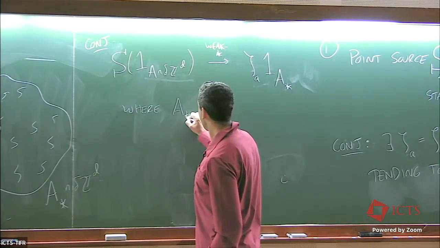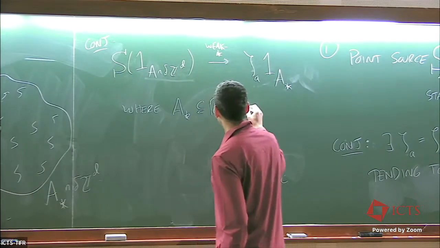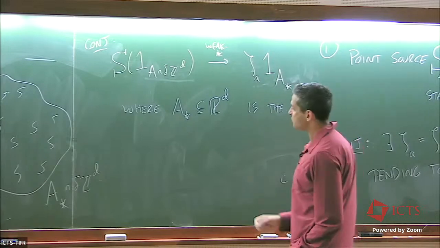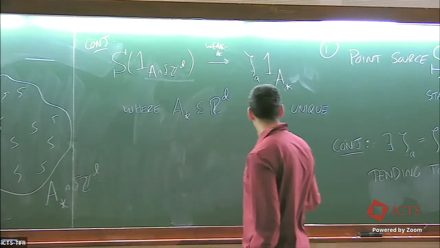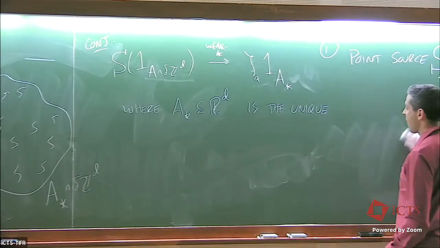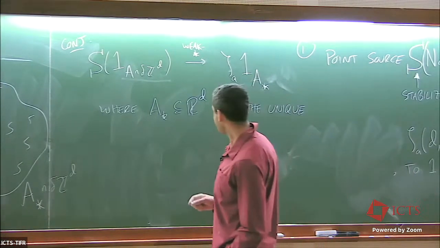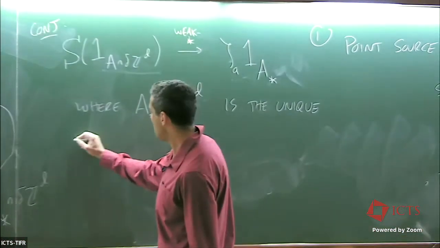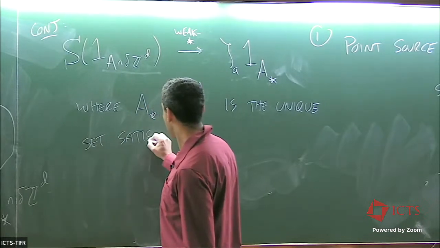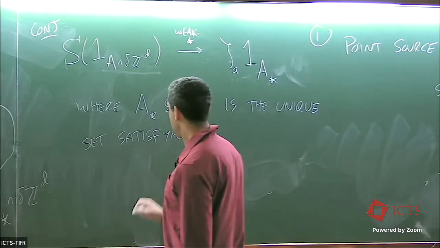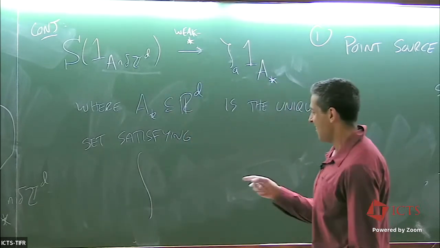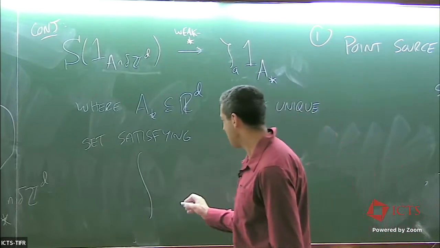So A star is the unique, up to measure 0, set satisfying a certain set of inequalities. The inequalities look like this.